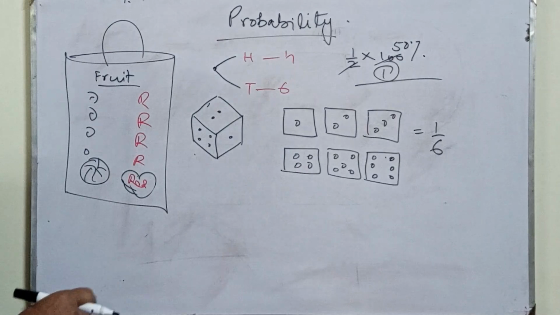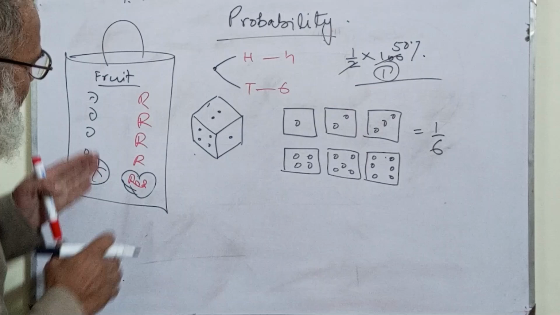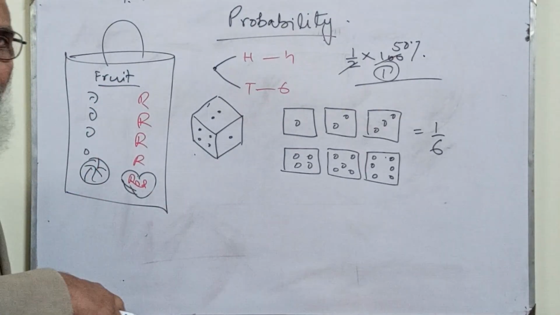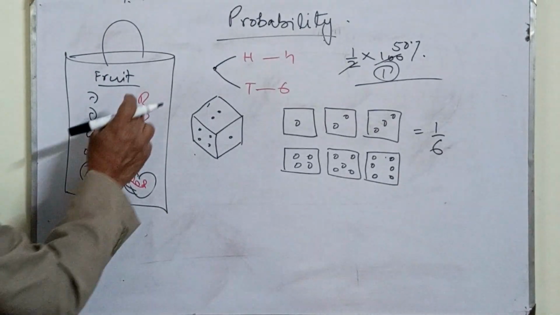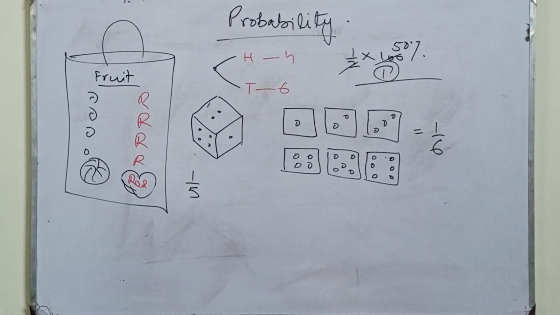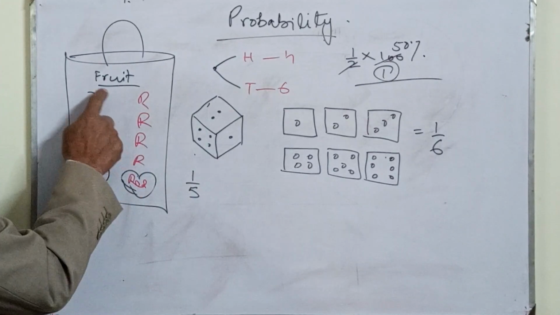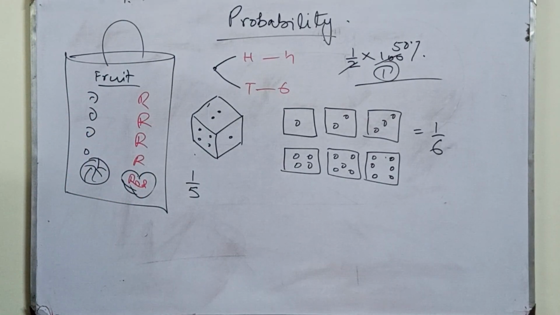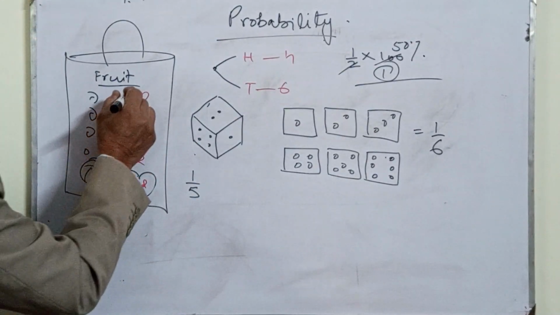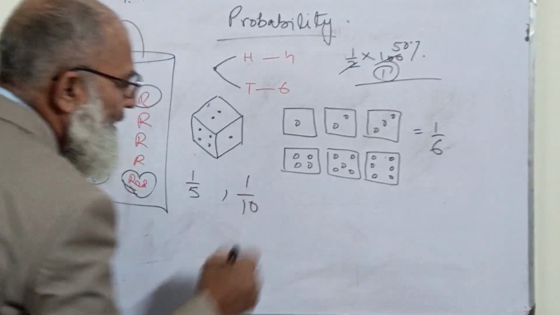So if I want to fetch one apple out of it, what is the probability? There are 5 apples, and in fact there are 10 things in the basket.